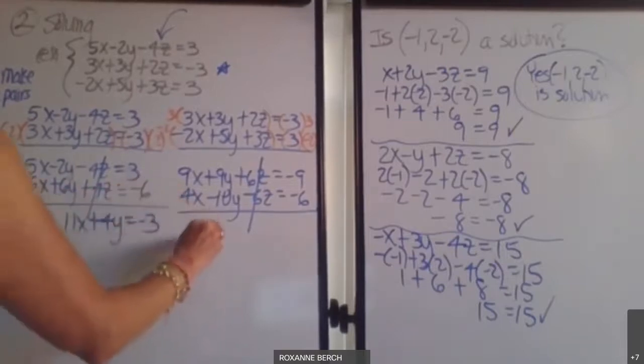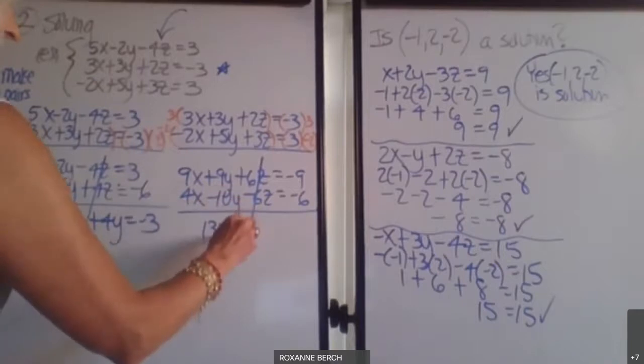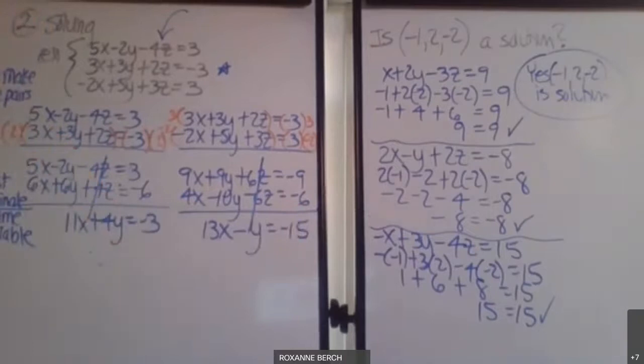And over here, you get 13x minus y equals -15, which is correct. So now we have a system in two variables. I'm going to use a different color.